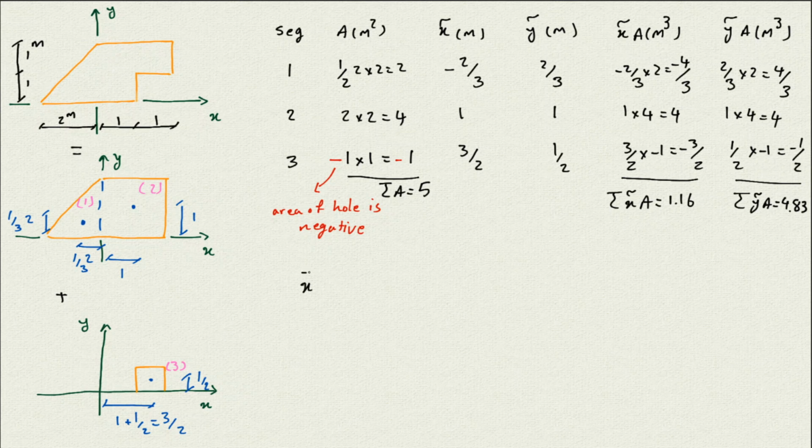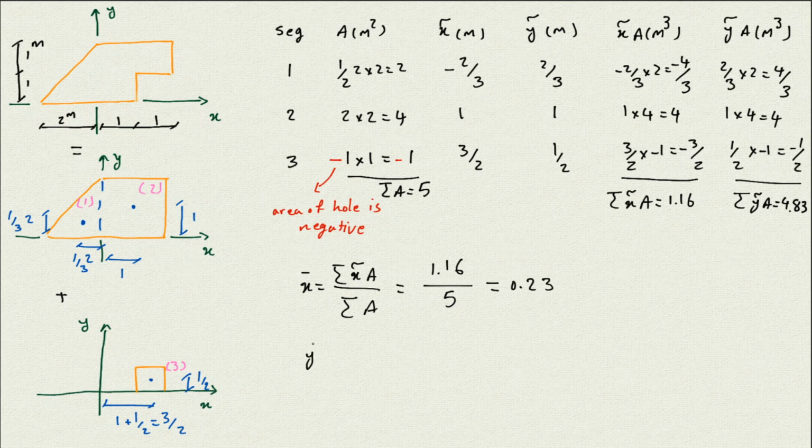So again, it's going to be divided by sigma A. That would be 1.16 divided by 5, so it's going to be 0.23.